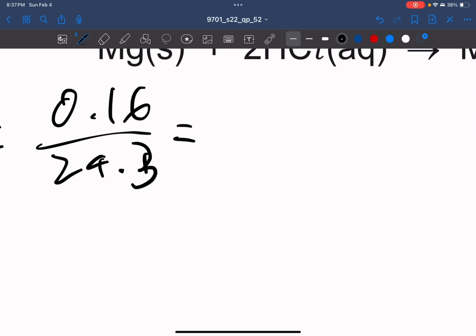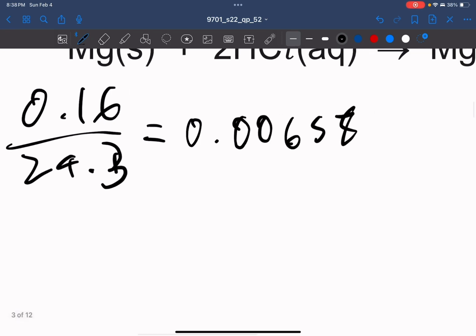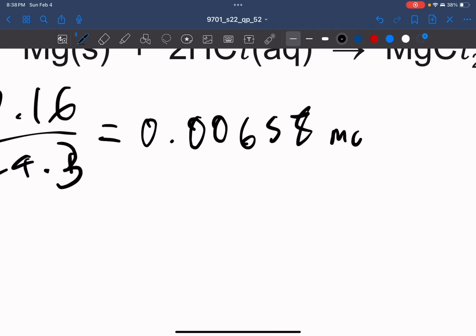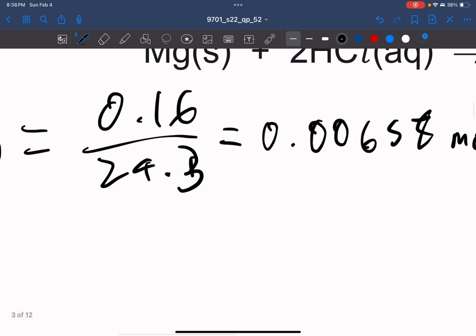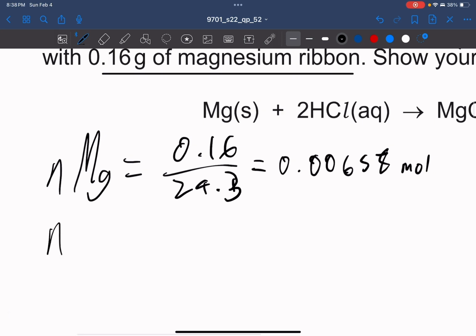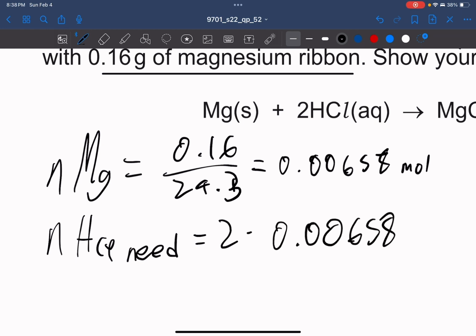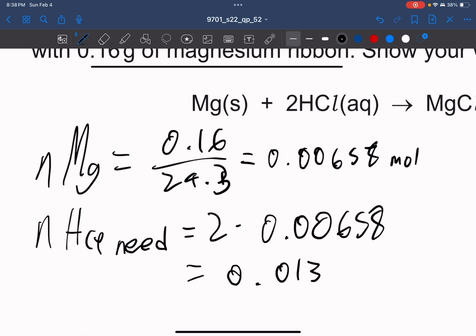So in moles, we're going to have 0.00658 moles, and the amount of HCl we need is just going to be 2 times that by stoichiometric ratios. So that's going to be 0.01317 mole.